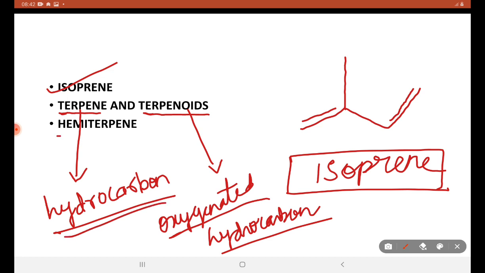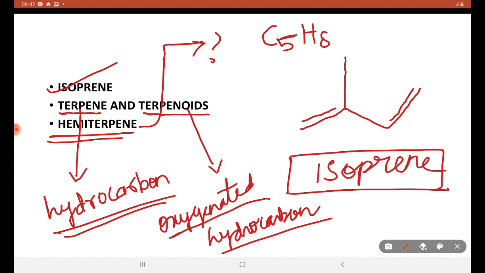So what is hemiterpene? The general formula for terpene is C5H8 n. So hemiterpene is a C5H8 unit.